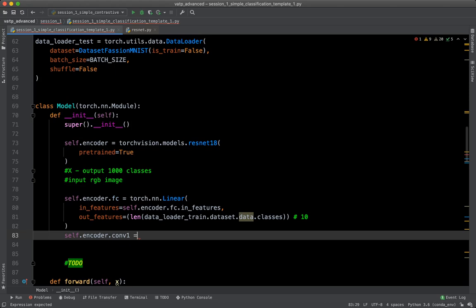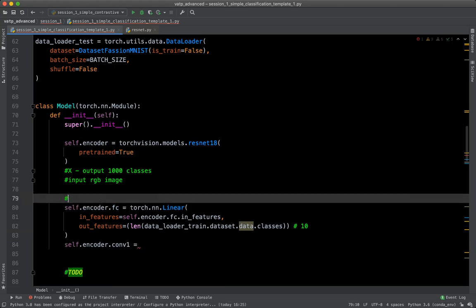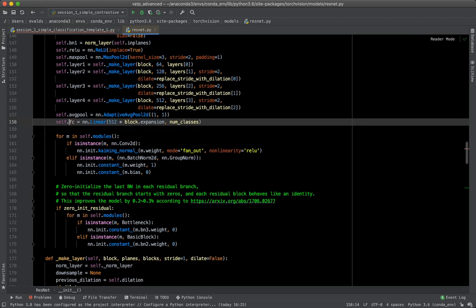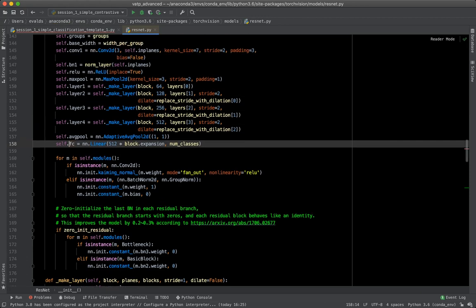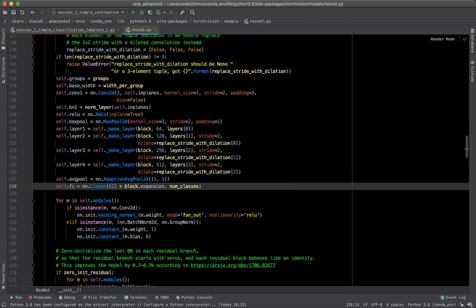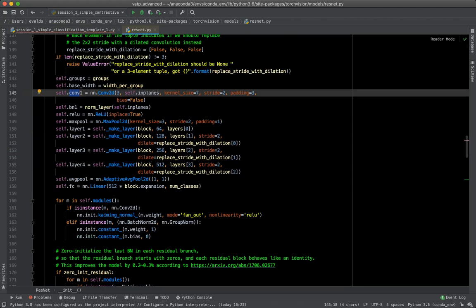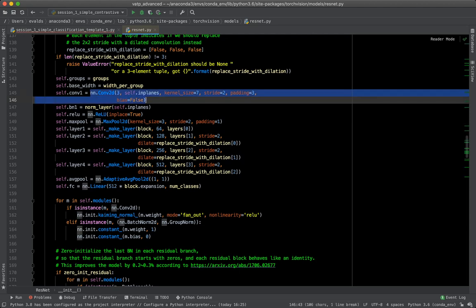That's a really powerful way to do the coding. So there I can just hold the control button or command button and click it like this and go directly to the place where this variable was initialized. So if I see that there is a conv1, there is a convolution of the 3 input channels, some output channels, kernel size, whatever. So I could just copy all of this and move it there, but yeah, so we could do that actually.